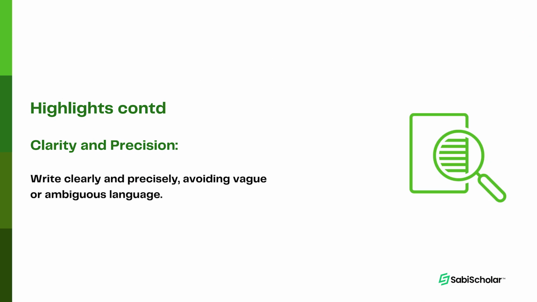The next is clarity and precision. You have to make sure each point is expressed clearly and contributes directly to supporting the thesis. So it's important you avoid ambiguous words. It's important you try to hit the nail on the head with every point that you make in an argumentative essay.